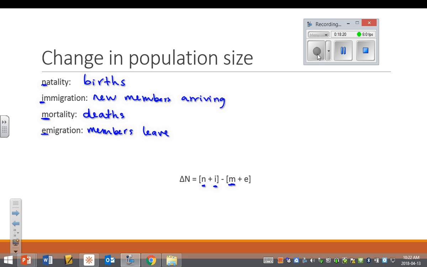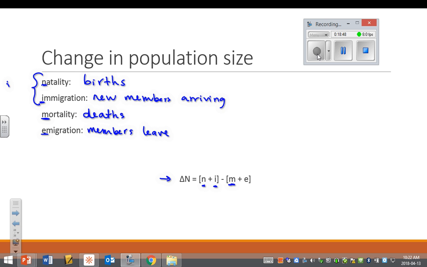Now, if you look at your data sheet, you'll see that there's a little formula for delta n, but it doesn't have these little letters in it like mine does. What your formula says, I'm just going to grab a data sheet here to show you. So it's in the same box as the Hardy-Weinberg formula and the population density. On your data sheet, it says delta n equals factors that increase population minus factors that decrease population.